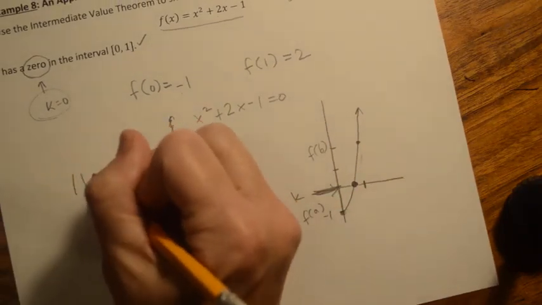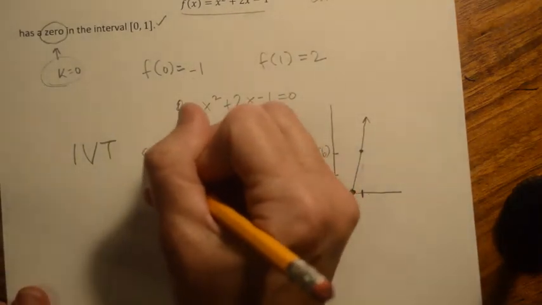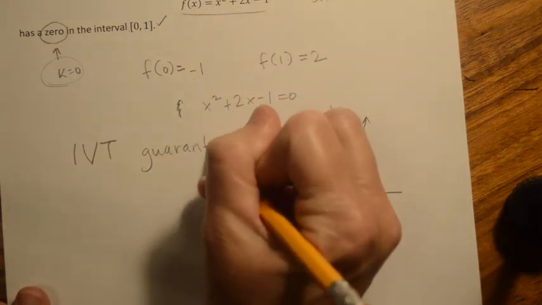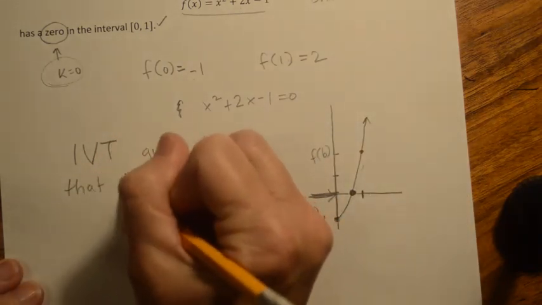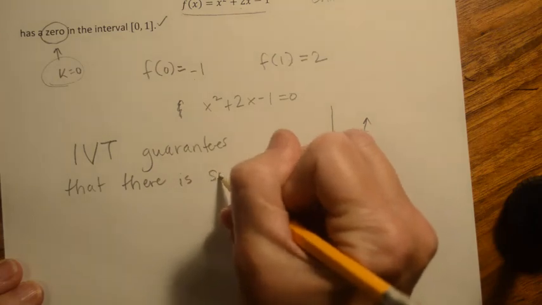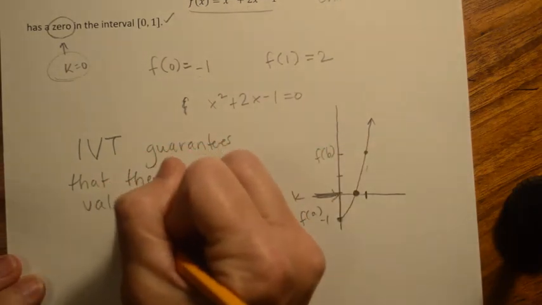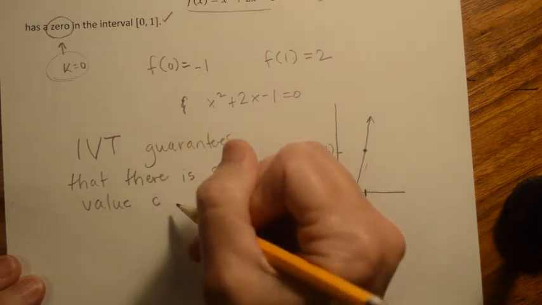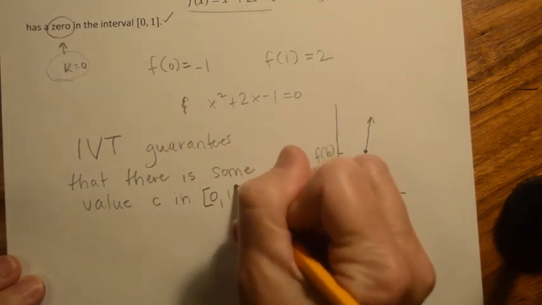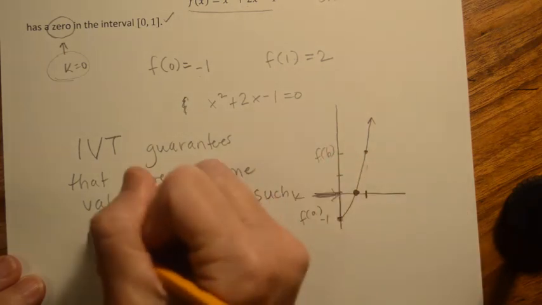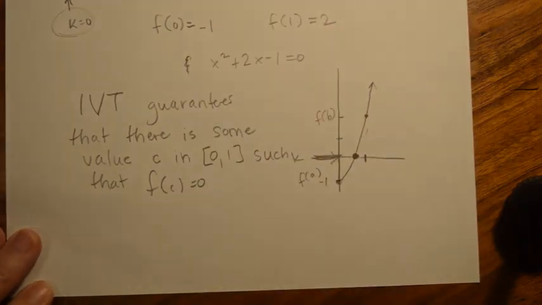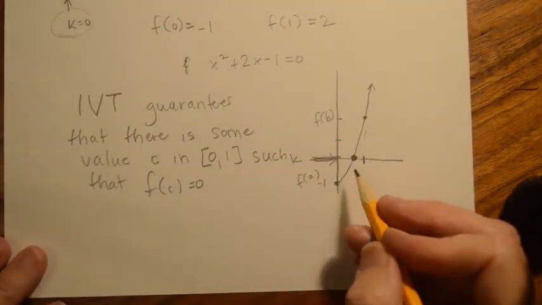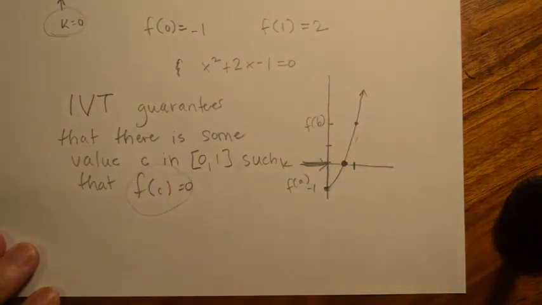So the intermediate value theorem, IVT, guarantees that there is some value C in this interval such that f of C equals 0. All right, what that is, it's going to require some work, quadratic formula or completing the square, but it guarantees that it exists. Okay, that's it.